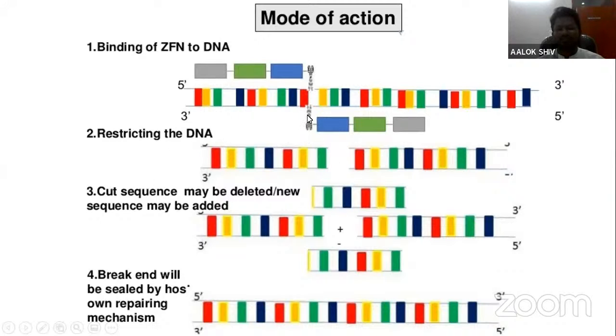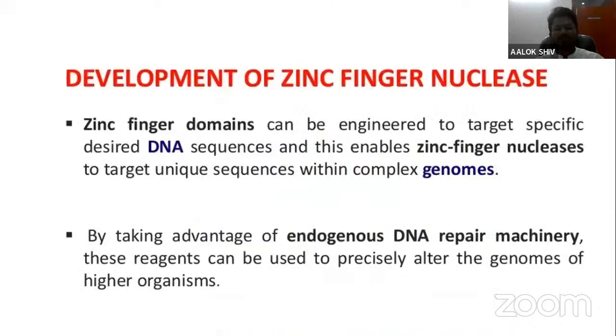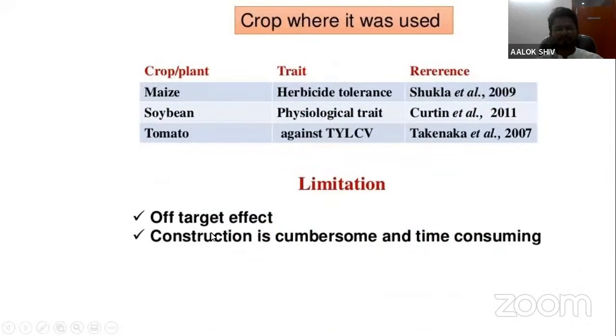This FokI endonuclease will cut the double-stranded DNA, and now this double-stranded DNA will be handled by the two different mechanisms as I've discussed earlier, homologous recombination and non-homologous end joining, that I will discuss later on. So this is the zinc finger nuclease, where mainly the zinc finger motif along with FokI endonuclease is going to edit the gene of interest.